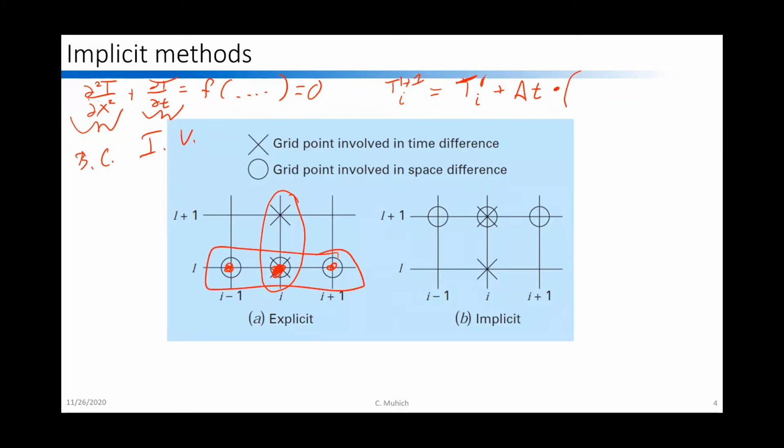Whatever is happening down here, we could take that as T_L,I minus 1 minus 2 T_L,I plus T_I plus 1 minus 1, all over delta x squared, right?